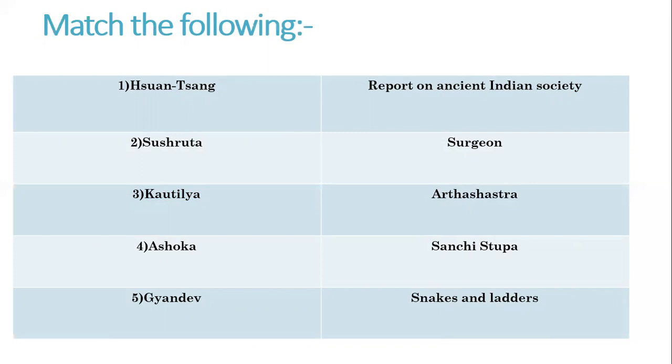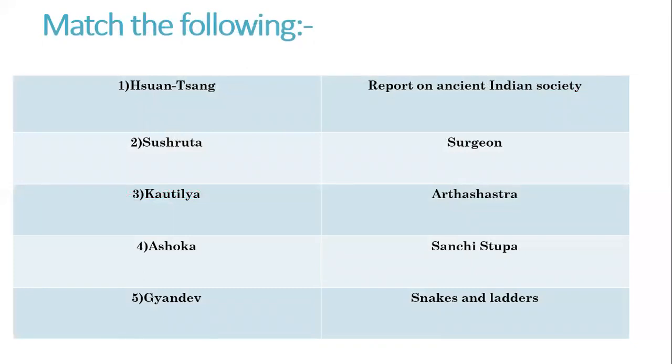Sushruta, he was a surgeon as we just studied a while ago. Kautilya, that is Arthashastra. Ashoka was the one who built the Sanchi Stupa. And Gyandev was the one who invented snakes and ladders.